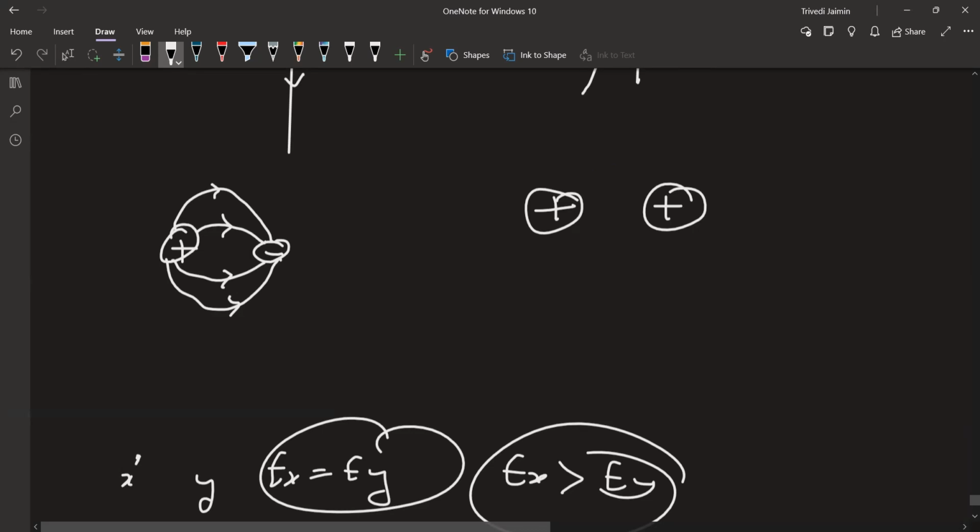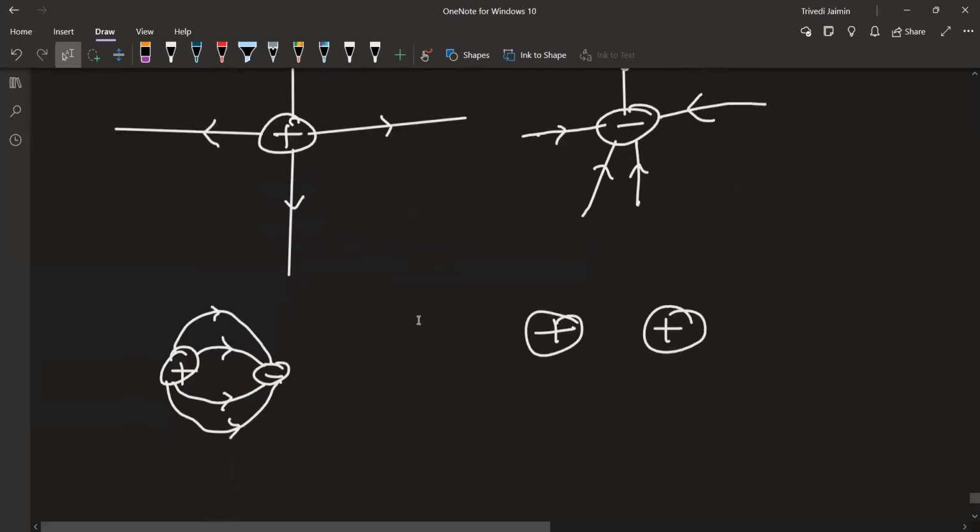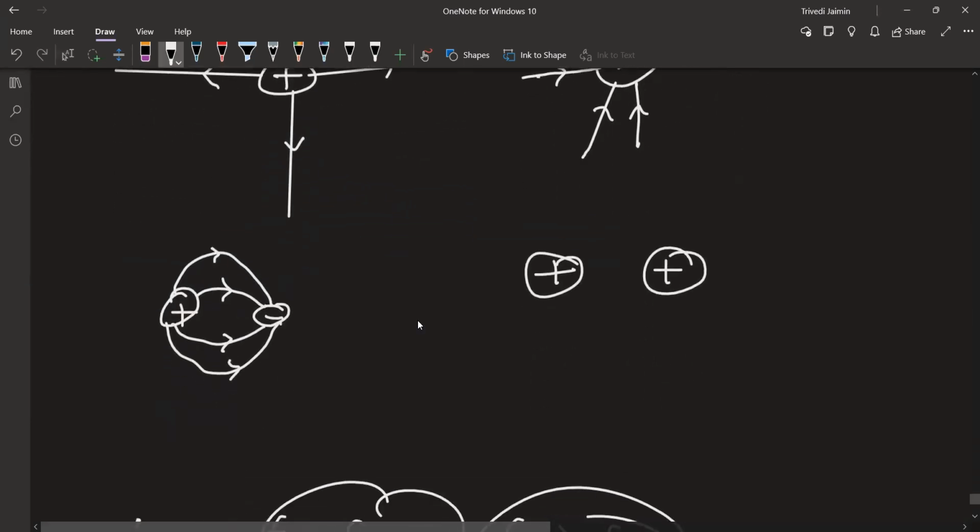Okay, I'll draw for both like charges, right? See, as we drew above, both are going outward, so let's draw outward first. Why am I drawing this way? Because they are repelling. Even though both are going outward, they are repelling.